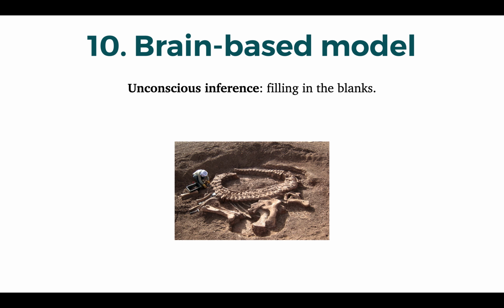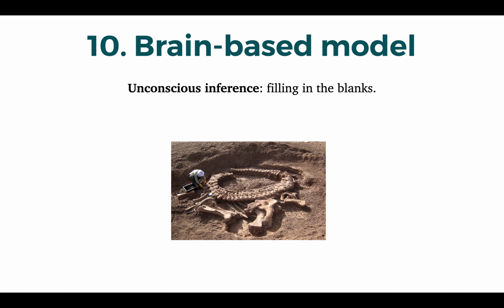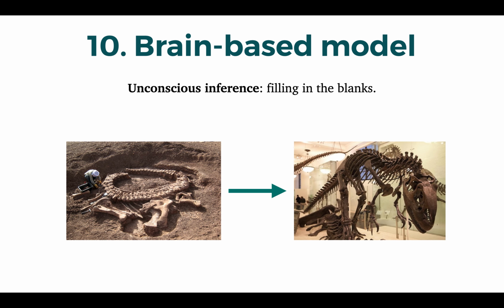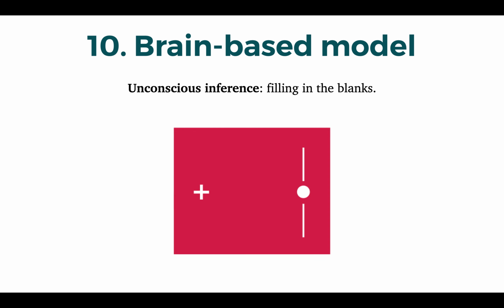It's kind of like you find a bunch of dinosaur bones. You don't necessarily find all of them, but you can put them together, make some inferences about what goes where and what might have been filling in the blanks, and you get a full dinosaur. It's very akin to our blind spot on the retina, like we talked about.